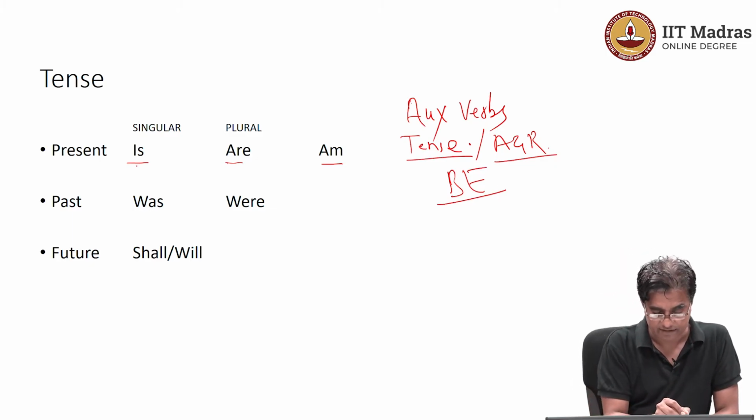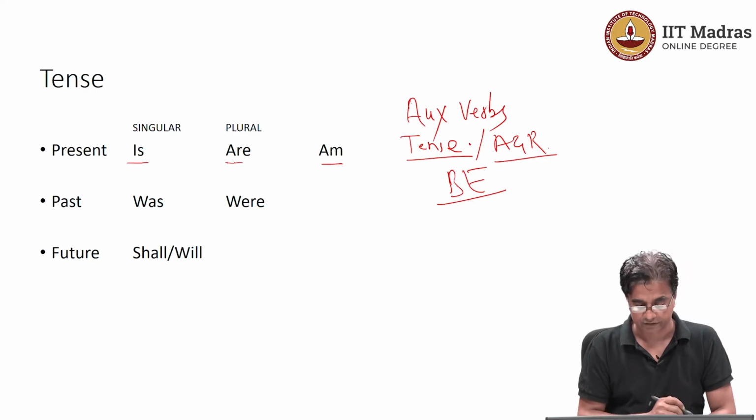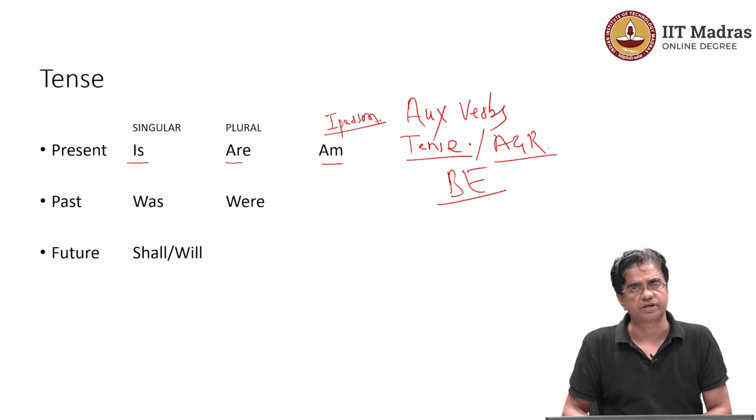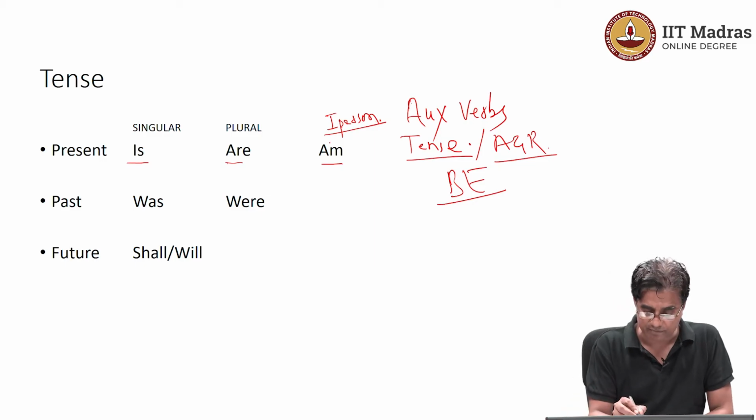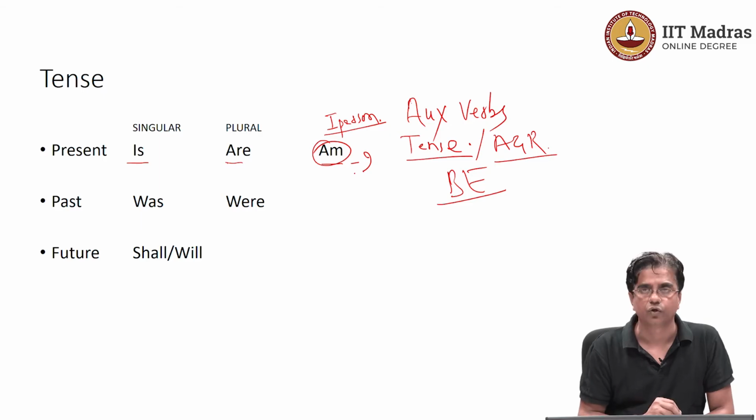So this is singular or plural. Am is in a special case which comes for first person only. So first person happens to be special case in all languages, including English. So we use this marking only with first person pronoun I, nowhere else.